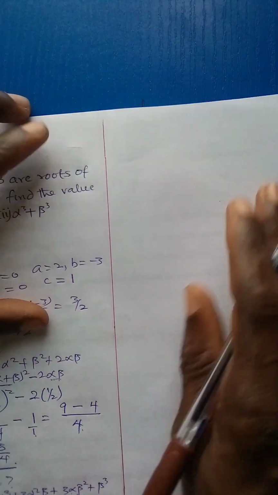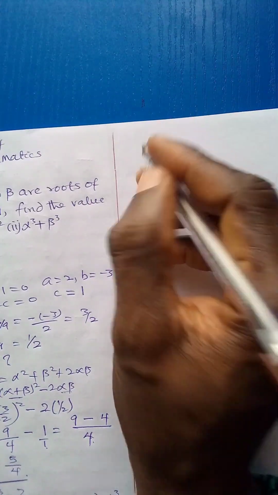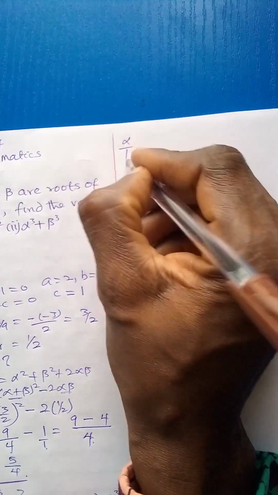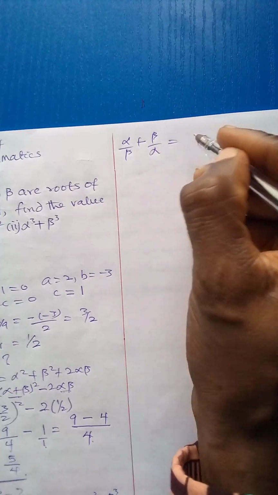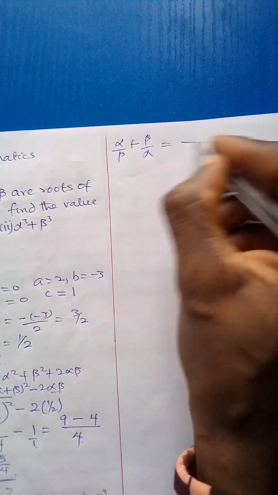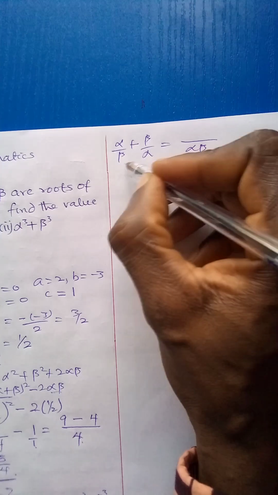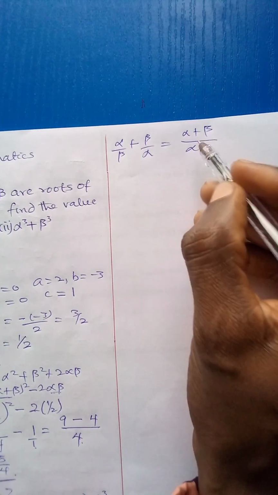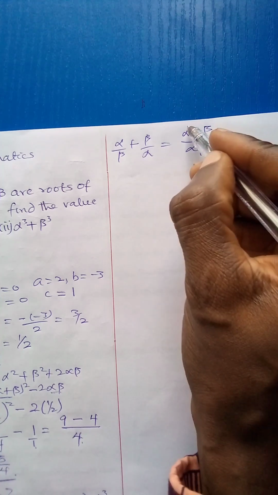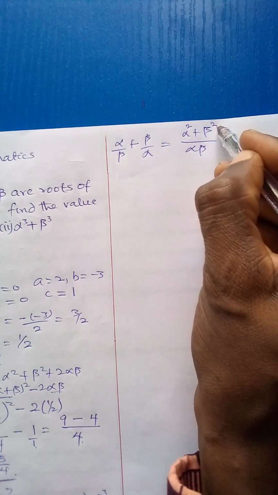Now, lastly, we are also required to evaluate alpha over beta plus beta over alpha. We can rewrite it as alpha beta, which is the LCM, then this is alpha squared plus beta squared. Good.